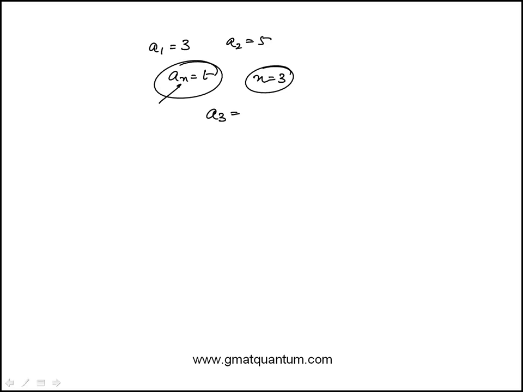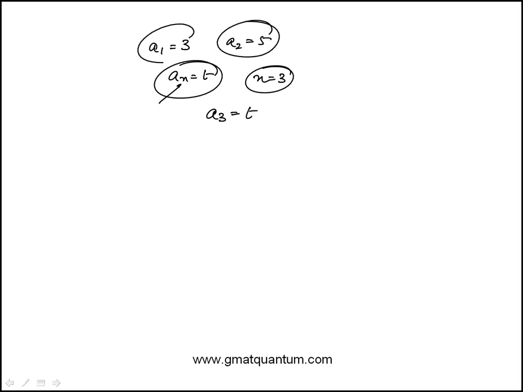So here I'm going to do the same problem with the plug-in approach. We're given A1 is 3, A2 is 5, and we're given A sub n is t. So we need to pick a value for n, and we're given the condition that from the third term onwards, all the terms are equal to the product of the previous terms. So I'm going to pick n equal to 3. So A3 is t.